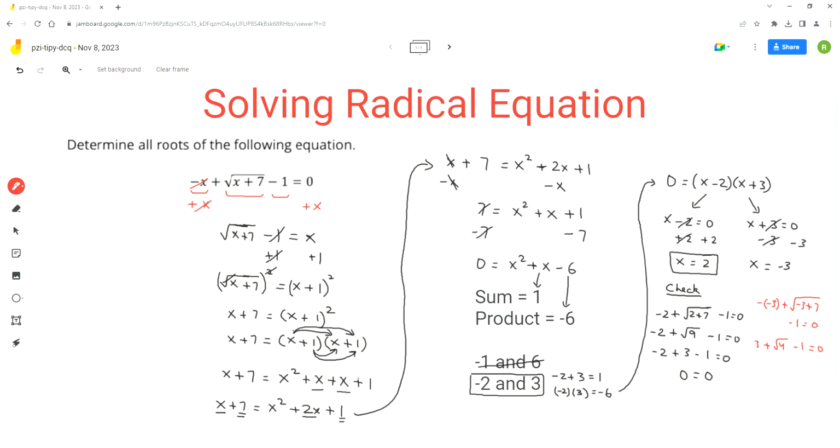And then I get 3 plus 2 minus 1 equals 0. Now I get 4 equals 0. So in this case, the left side is not equal to the right side. Negative 3 is invalid.